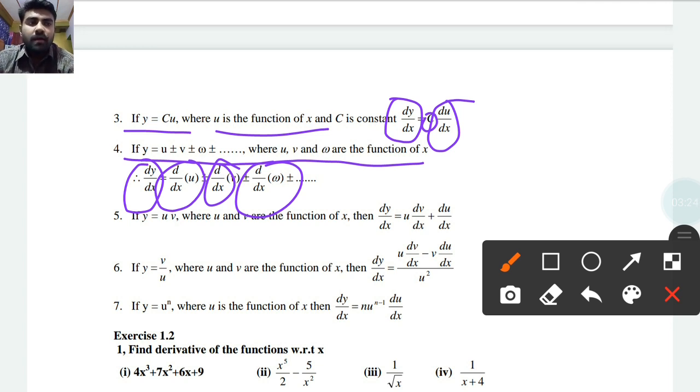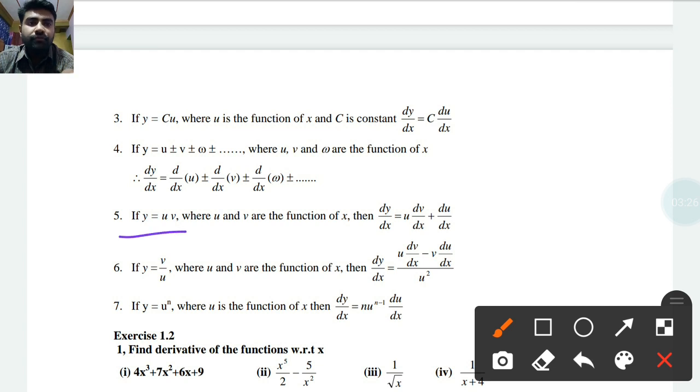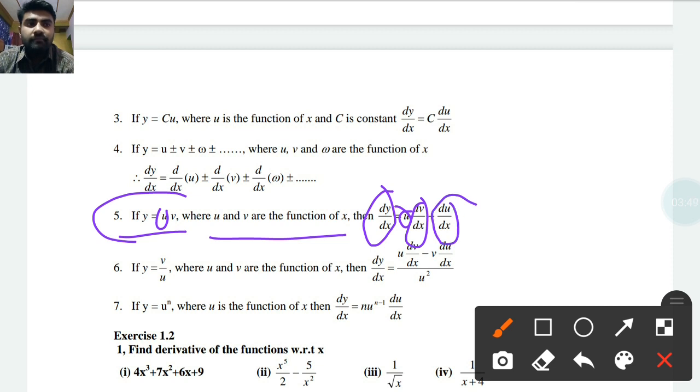Now y is equal to u into v, and u and v are both functions of x. This is also called the multiplication rule for differentiation. dy by dx is equal to the first term u as it is, second term differentiation with respect to x, plus second term as it is, means v as it is, first term differentiation.